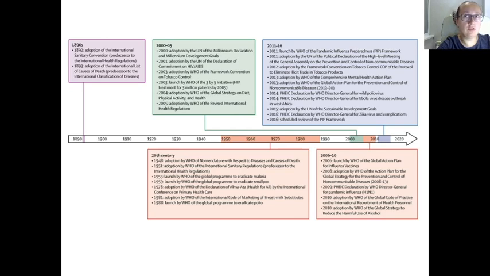Regulation of global tobacco control has even three legal documents, such as the Pandemic Influenza Preparedness Framework, the WHO Framework Convention on Tobacco Control, which is one of the main and the oldest, and the Protocol to Eliminate Illicit Trade in Tobacco Products. So in this area there are three documents which were created in 2011, 2003 and 2012. You can also see some of them on the picture.